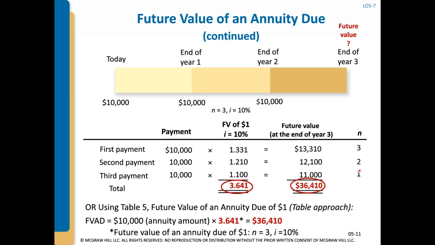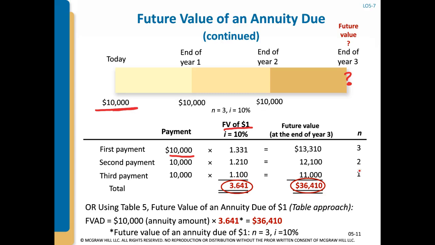So we can still use our future value of $1 factor table if we wanted to, and calculate each $10,000 payment separately. If we were to do that, the first payment of $10,000 was paid here, and we're trying to get to here.